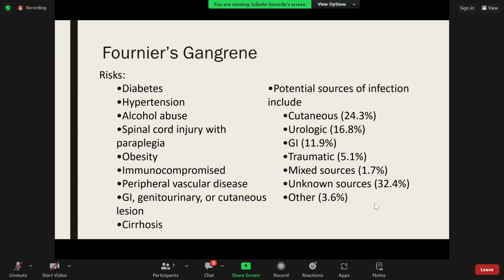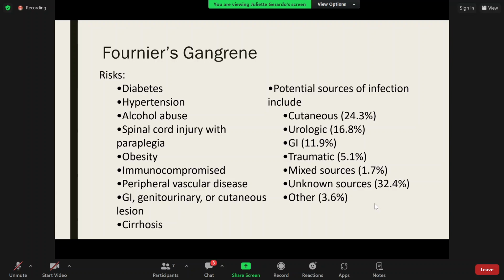Additionally, there's some literature that patients with a history of cirrhosis do very poorly and progress very quickly in the setting of Fournier's. And as we see over on the other side, potential sources of infection, most of the time is cutaneous, but then secondarily is urologic, either from underlying colonization with bacteria and the small trauma to the skin.